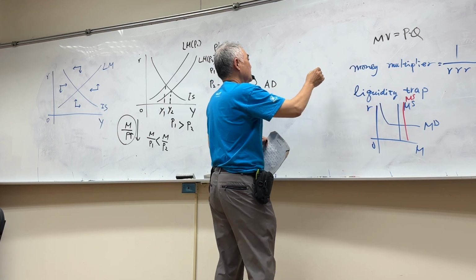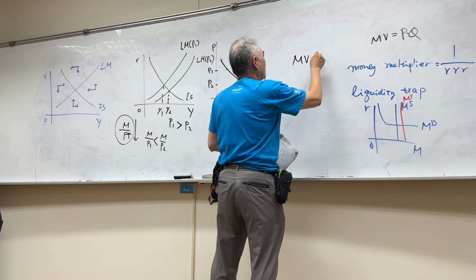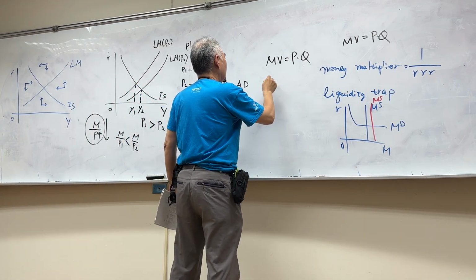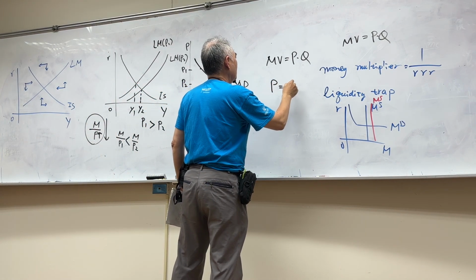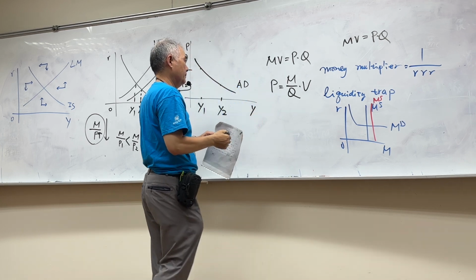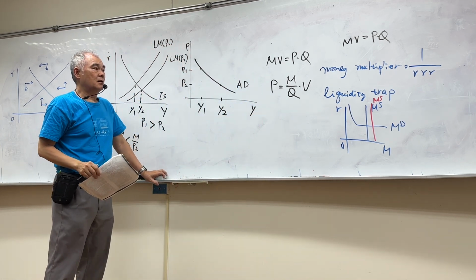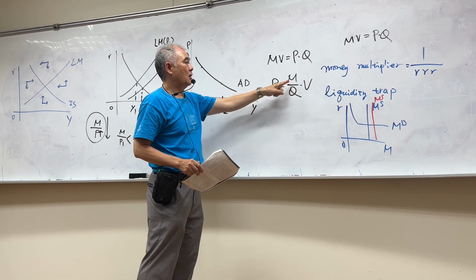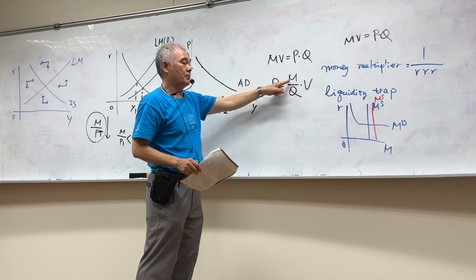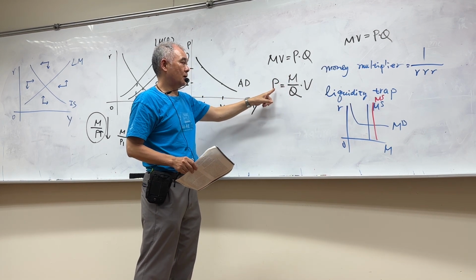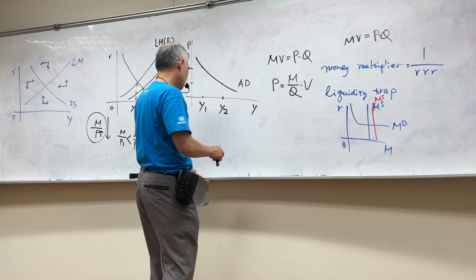And so look at this, MV is equal to P times Q, right? So then what do you get? You get P is equal to Q M times V, okay? Because of that, you have a fixed amount of money, right? And when the price goes up, sorry, I should put it this way.